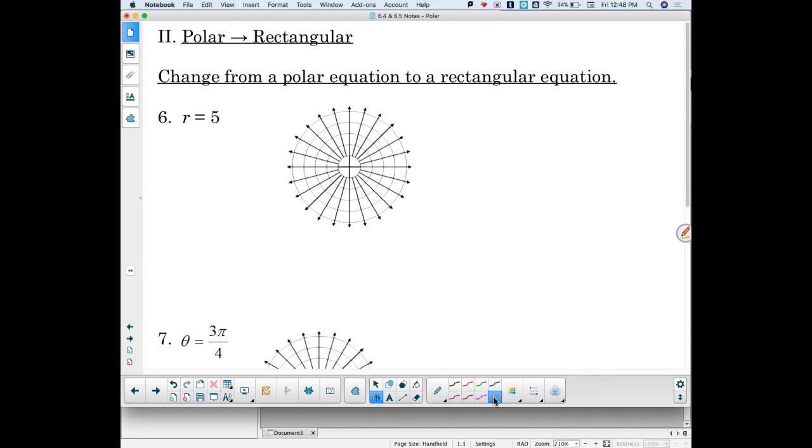What can you tell me about it? It's a circle. Centered where?